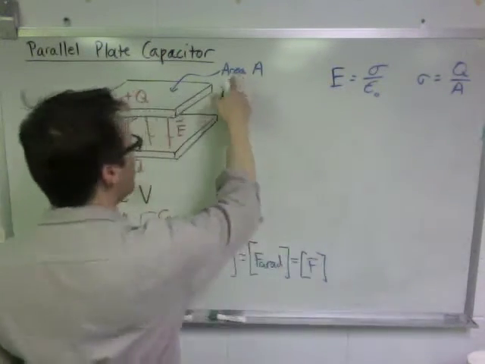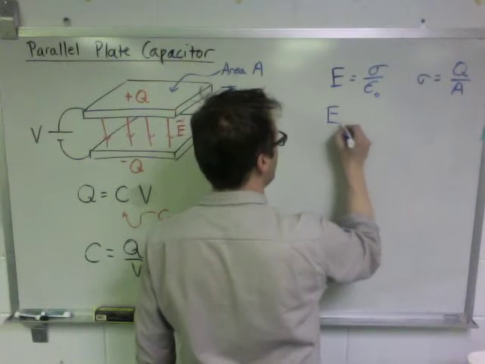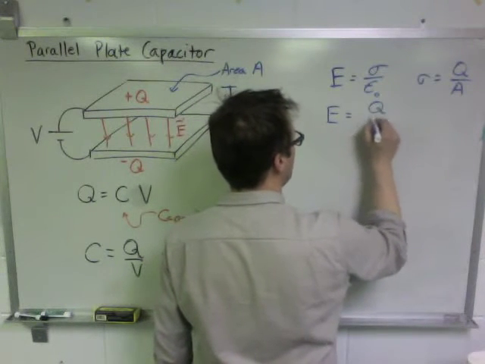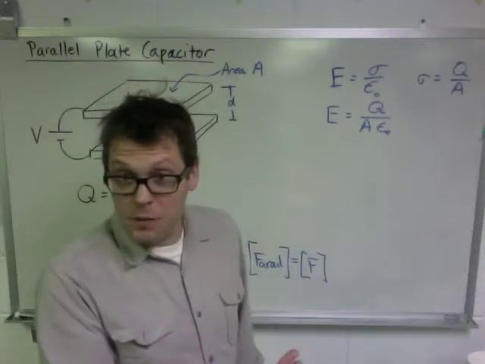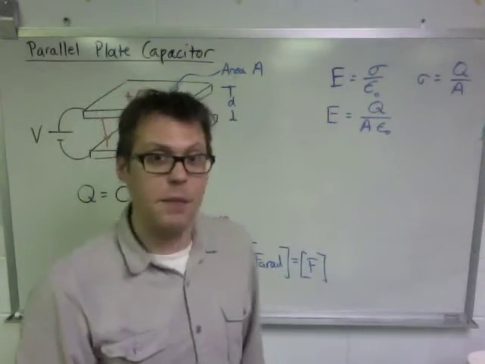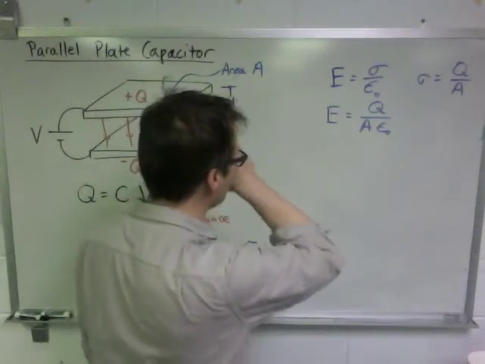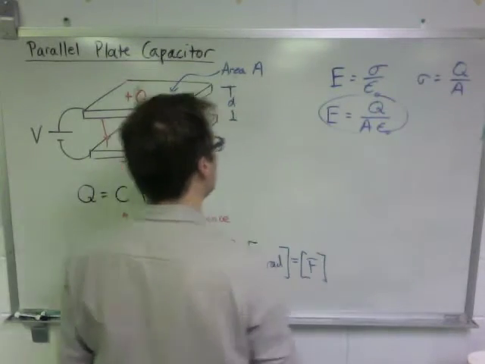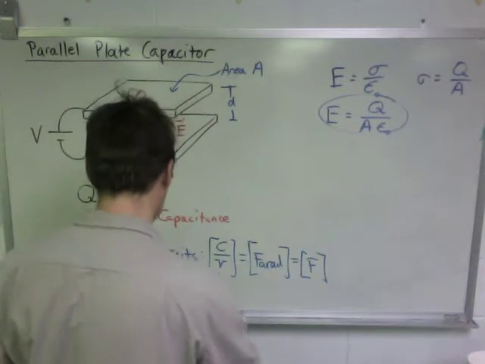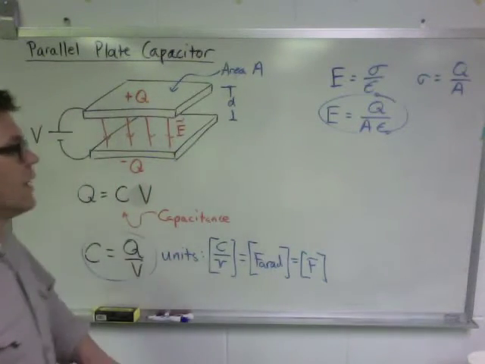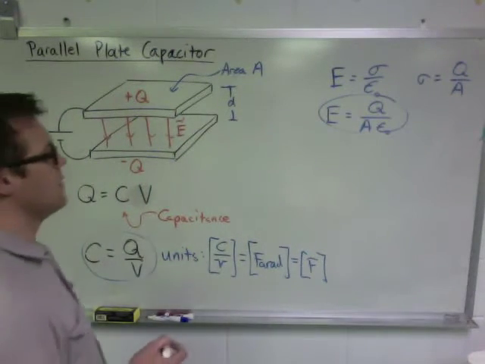Right? So if I know the area of my plates, I can write this as Q over A times epsilon 0. Right now I'm just playing around with the things that I know about capacitors, so it's free, we can do that. But this is a useful relation, so I'll put a circle around it. So these are all formulas that relate to the various quantities of our capacitor.